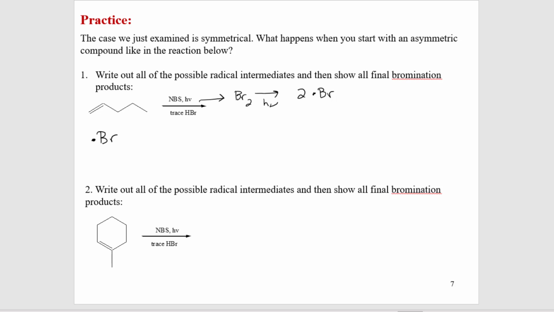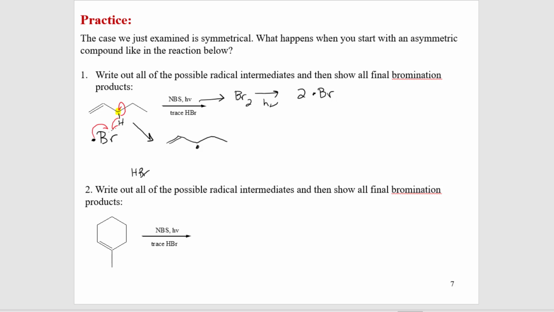We identify the allylic position. So here is my allylic carbon with a hydrogen off of it. This is going to form a bond. I'm going to form HBr and an allylic radical.